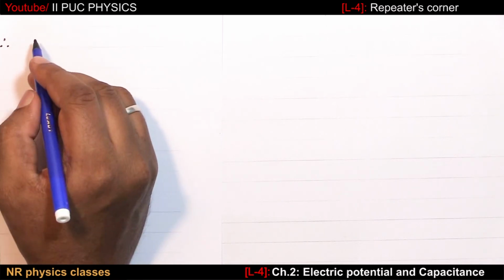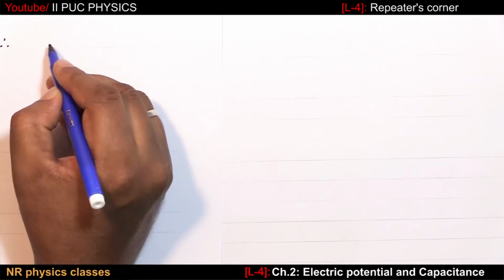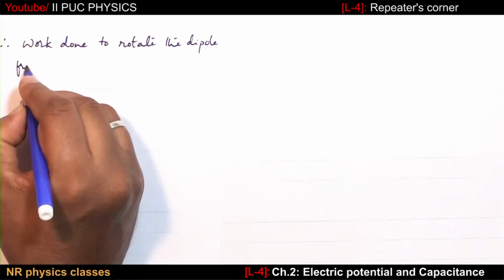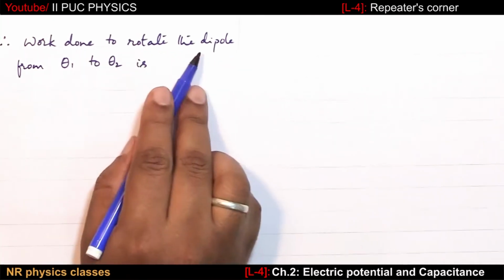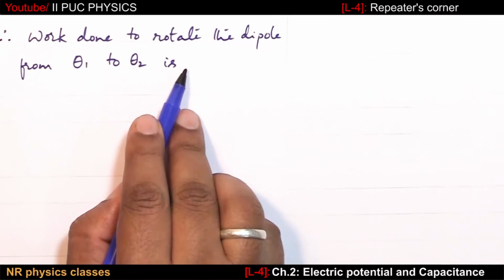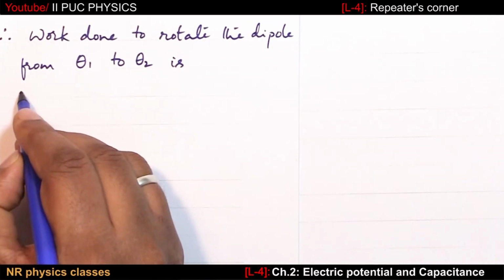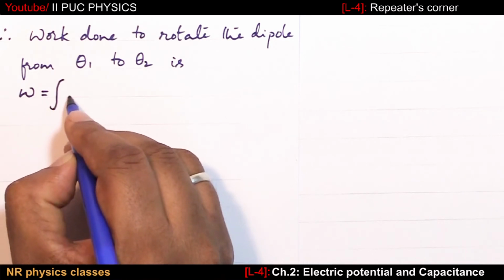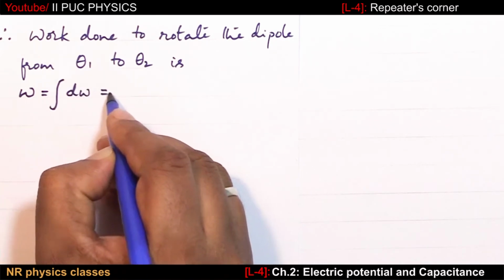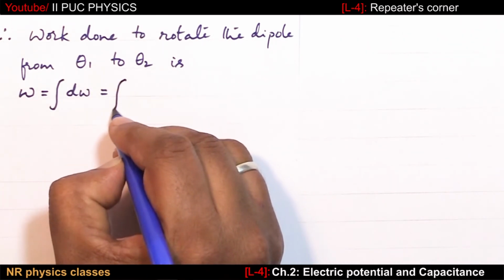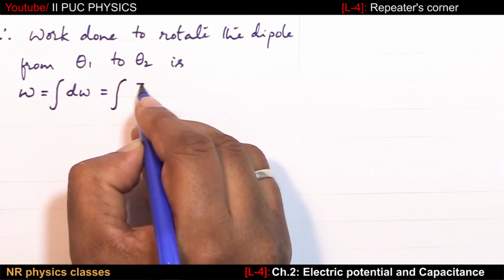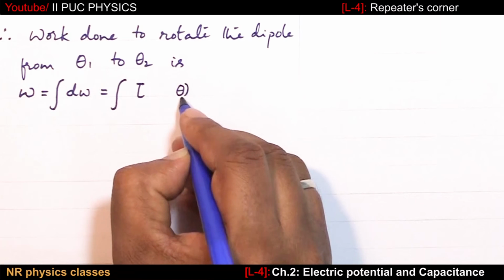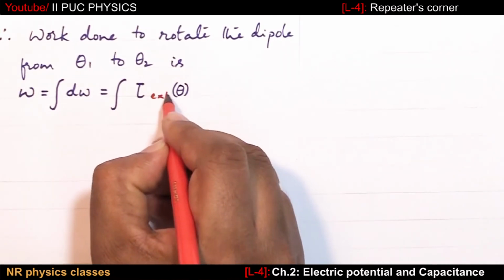Therefore, work done to rotate the dipole from theta 1 to theta 2 is, so we should find the total work done equal to integration of dW equal to integration of tau external, which is a function of angle, external torque.